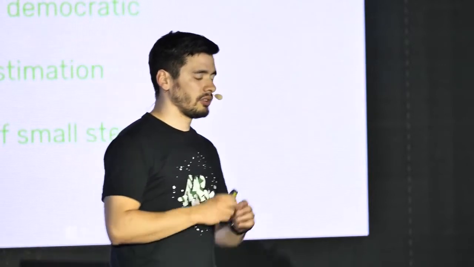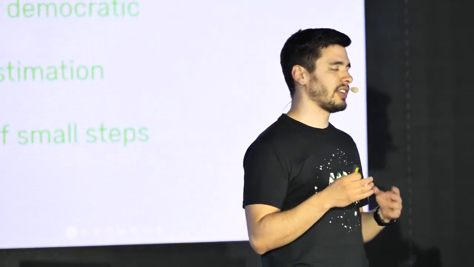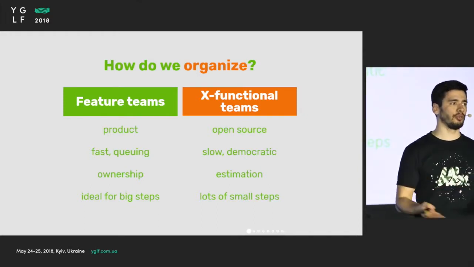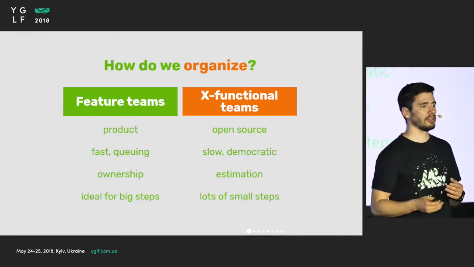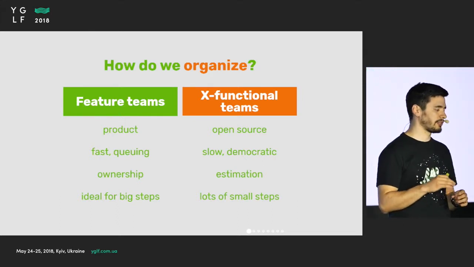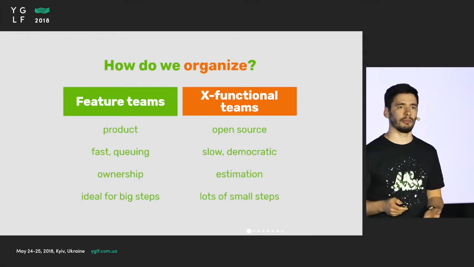Even though the work may be slower in total, because the estimations are more precise, product owners will love this organizational model more. So to summarize it, I think in our experience, feature teams are better if you're doing really large steps, when you're rewriting a part of the application or adding a bunch of new features. But when things slow down and you have to make smaller steps, cross-functional teams tend to work better.